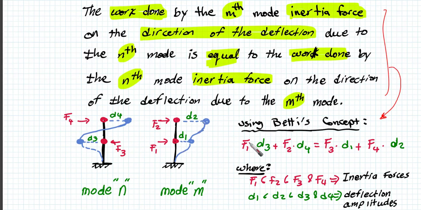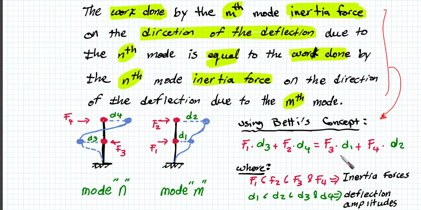So let's repeat it again. F1 times D3 plus F2 times D4 equals F3, which is the inertia force here, times D1, which is the displacement of mode M, plus F4 times D2.